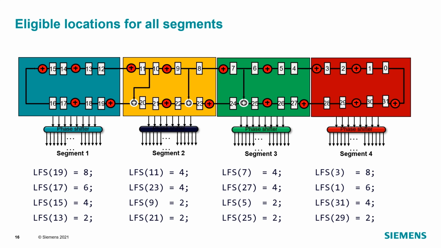Using the same principle, we identify all eligible locations with the longest lifespan for all segments. Then we order them, putting the ones with the longest lifespan on top. Notice that the boundary segments 1 and 4, because they have the U-turns, the feedback loop, have longer lifespan than internal segments 2 and 3.